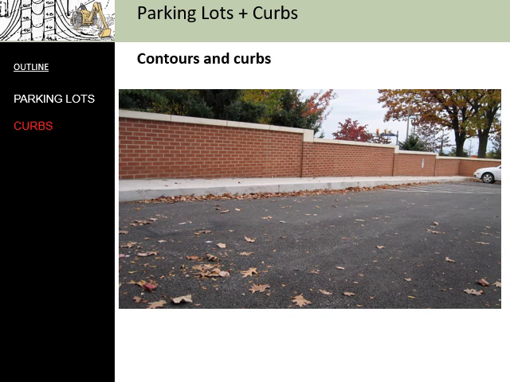It's important to be able to visualize how these contours run along curbs and also how they run along a parking lot. So this slide is being used because we have a brick wall adjacent to a parking lot with a sidewalk in between. And as you can imagine, the brick wall is simply a series of horizontal bricks stacked. And so the bricks themselves represent an even elevation running across the wall.